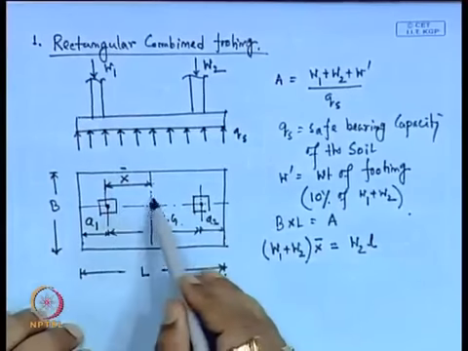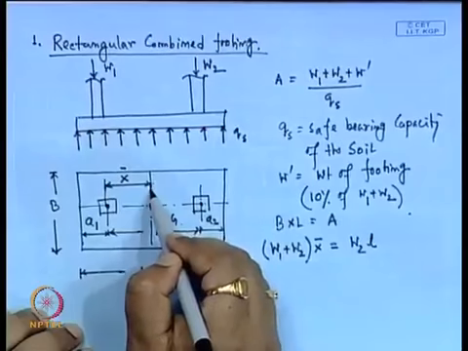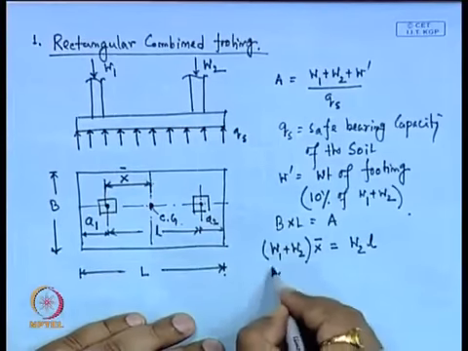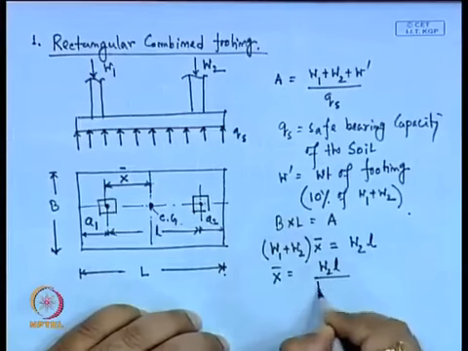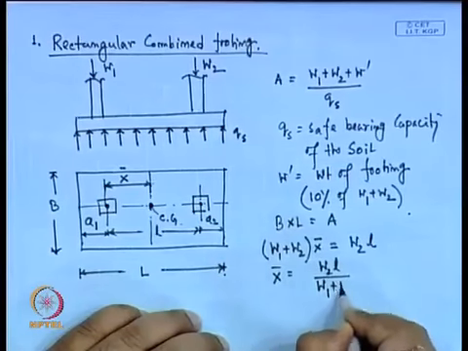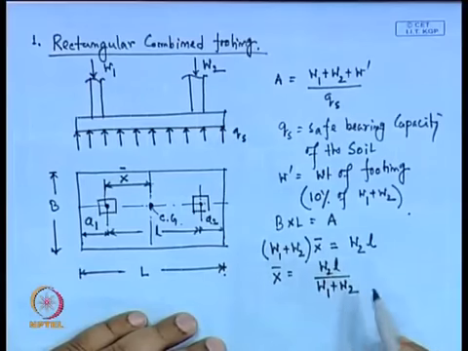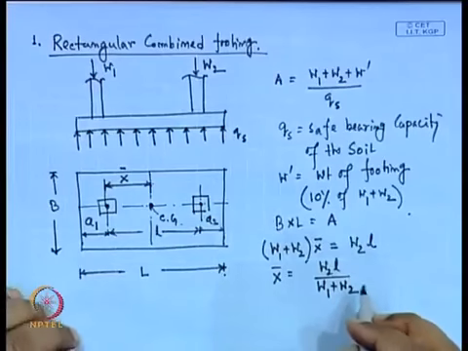W1 plus W2 is acting at the CG, and this is x bar. So x bar will be W2 into l divided by W1 plus W2. Here W1, W2 and small l are known.